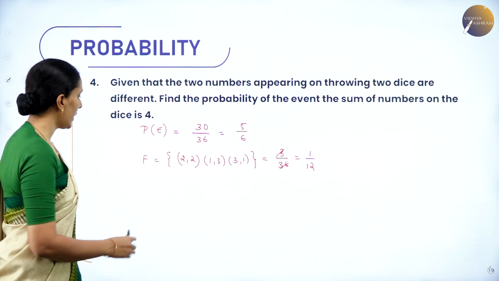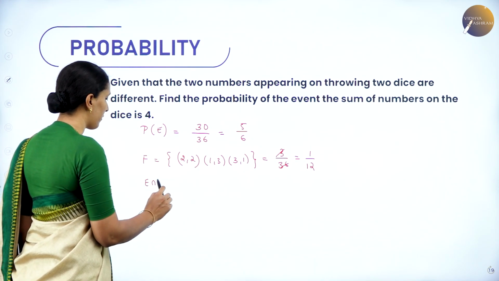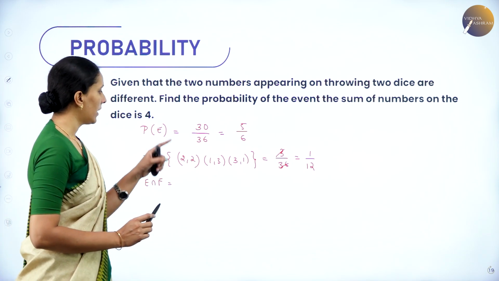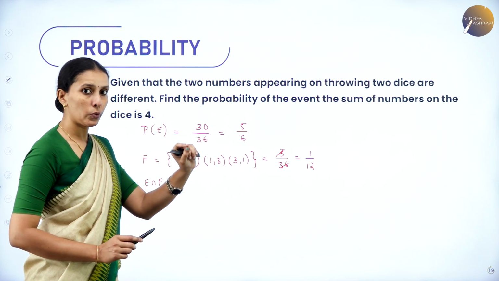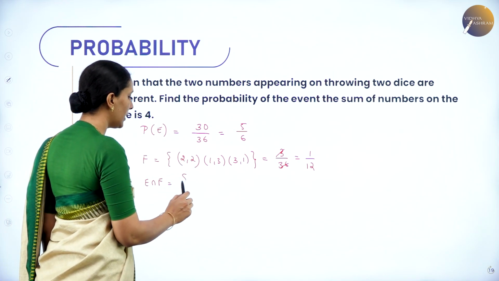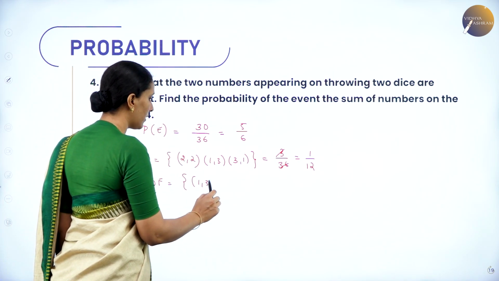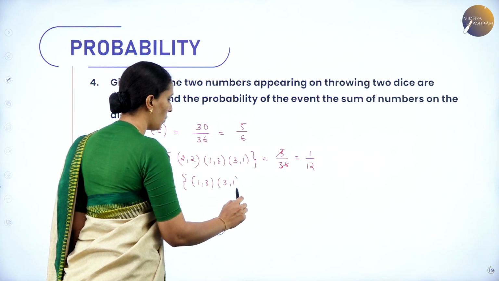If I consider F as an event, the outcomes which show the sum of numbers on the dice is 4 are (2,2), (1,3) and (3,1). So clearly it is 3 by 36, which will be equal to 1 by 12. Now, to calculate the probability that the sum of numbers on the dice is 4, we need E intersection F. We know that there is no (2,2) in event E because the numbers appearing on the two dice are different. So E intersection F is (1,3) and (3,1).